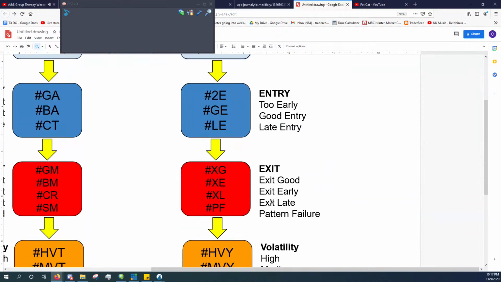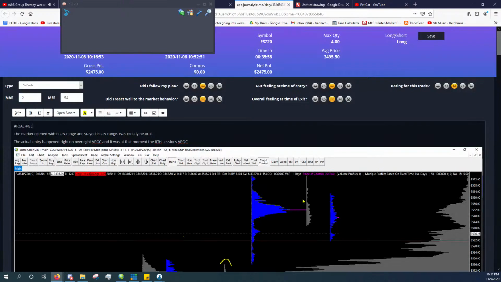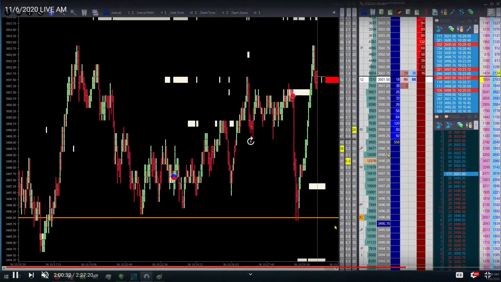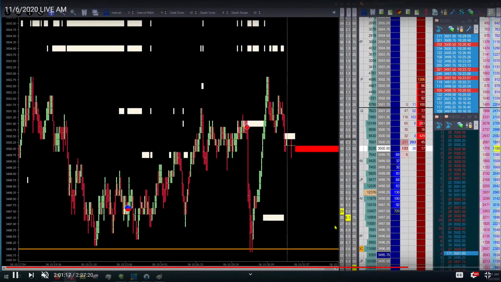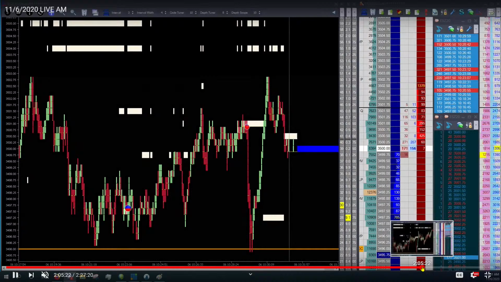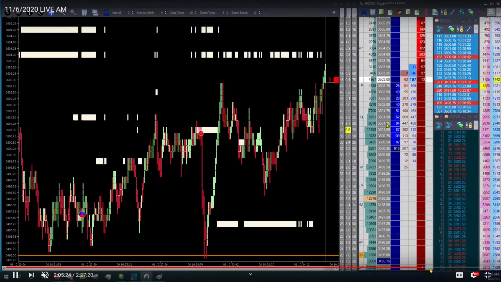So the exit was really good. I'm probably not going to show it well because this thing goes on forever, and it's freezing up.